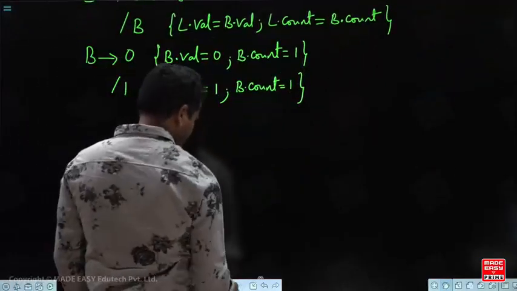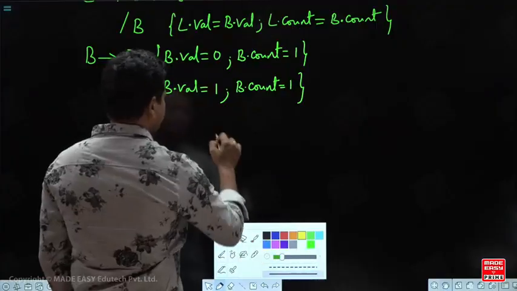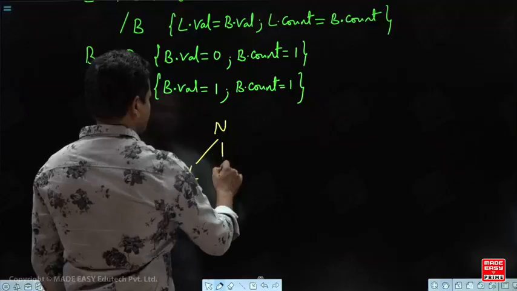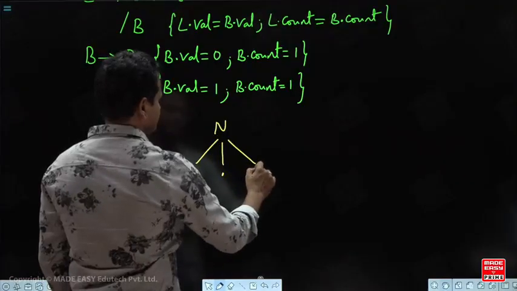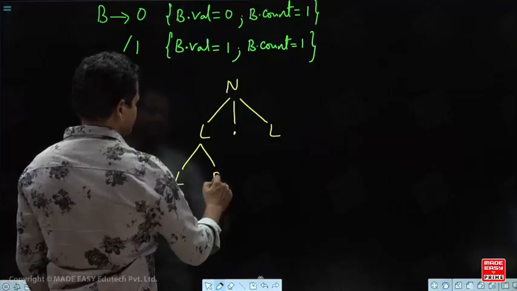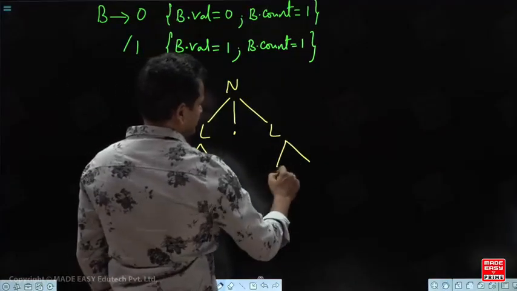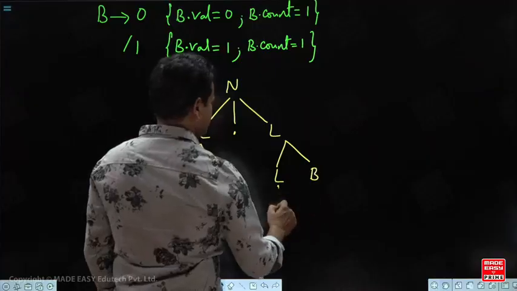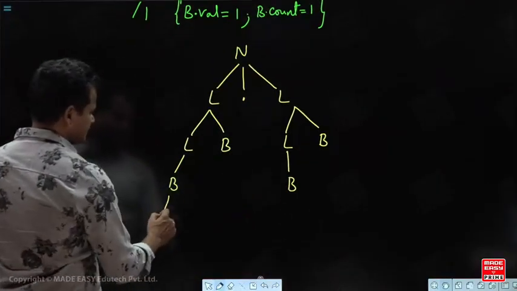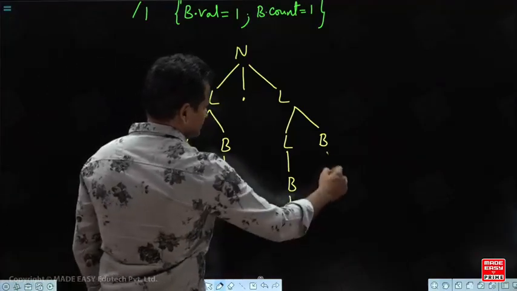If anybody wants me to check, example: N, L dot L. L derives B, L derives B, L derives LB, B derives. Now this value is 1, this value is 1, this value is 0, this value is 1.